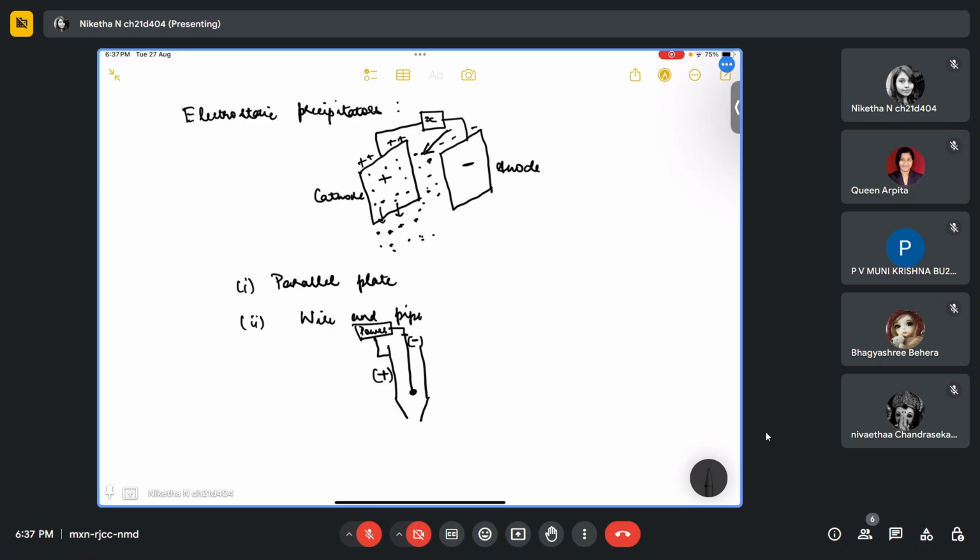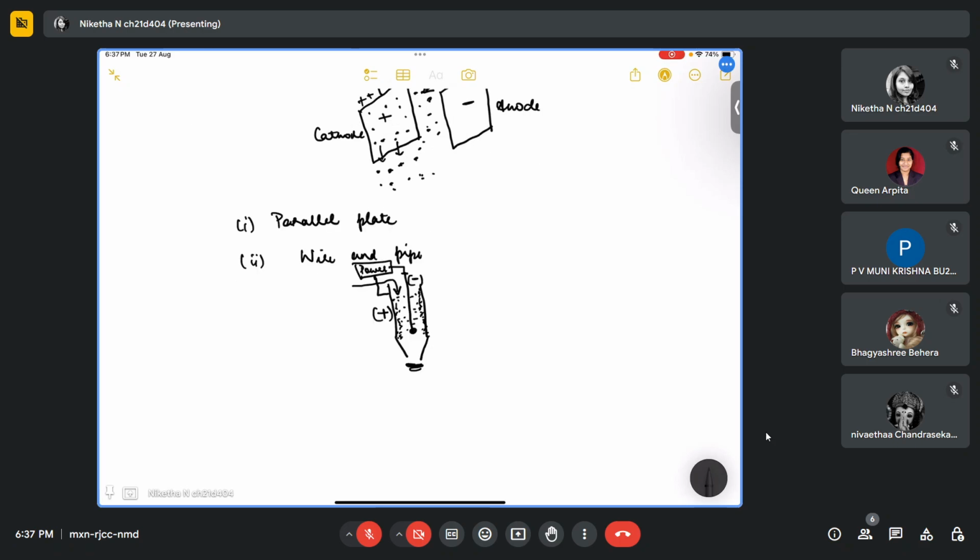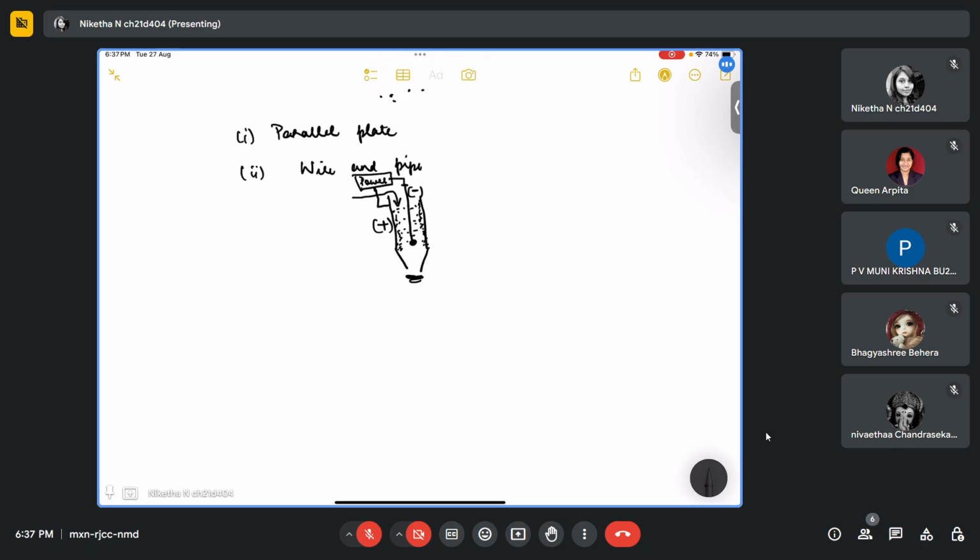And the gas will be made to enter the pipe from the top. If there are any particles, they will get attracted towards the positively charged pipe, and they'll just stick to the surface of the pipe like this. And once the current is off, the particles will come and settle, and they can be collected here. So this is the principle behind this.